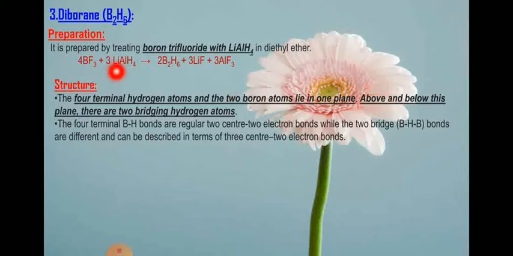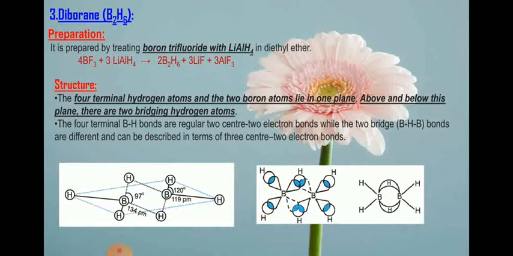It is prepared by treating boron trifluoride BF3 with lithium aluminium hydride: 4BF3 plus 3LiAlH4 forms 2B2H6, lithium fluoride and aluminium fluoride. That means diborane is prepared by reaction between boron trifluoride and a reducing agent lithium aluminium hydride. Structure is quite important, interesting here.